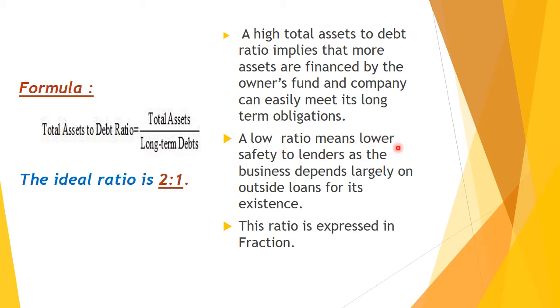This indicates that they don't have many investors in their company. So lenders are at risk if they have a look at this type of ratio when it is calculated and presented before them. Now this ratio is expressed in fraction, that again comes as x is to 1 whenever you calculate it.